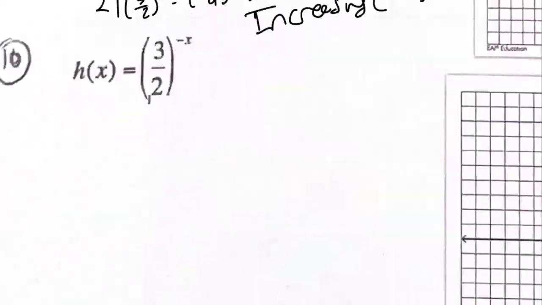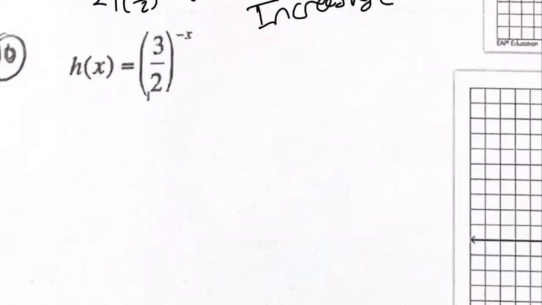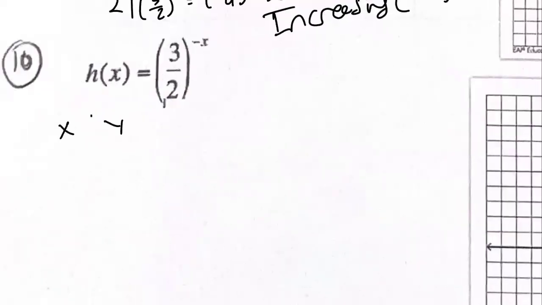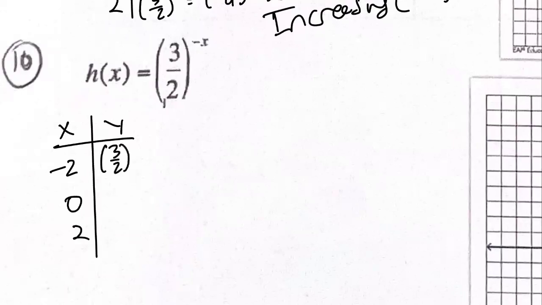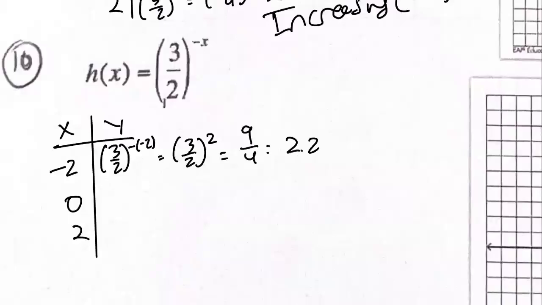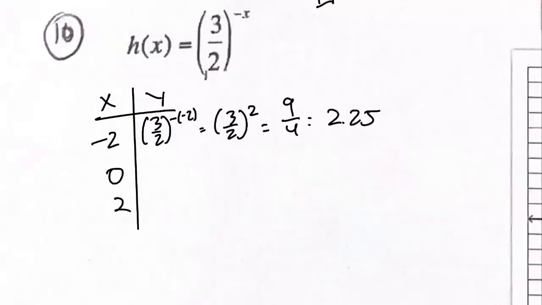In this next problem, we have negative x, so it's going to be the same thing. We'll just do -2, 0, and then 2. So 3/2 to the -2, which is just (2/3) squared, wait, it's 3/2 squared, which we already solved for, which is 2.25. 3/2 to the 0 is still just 1.